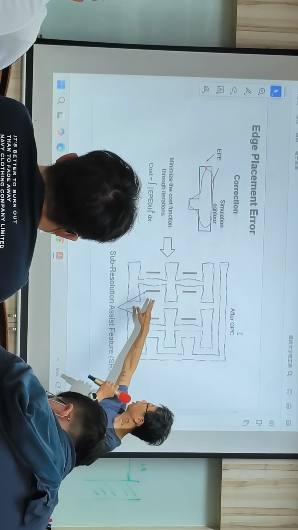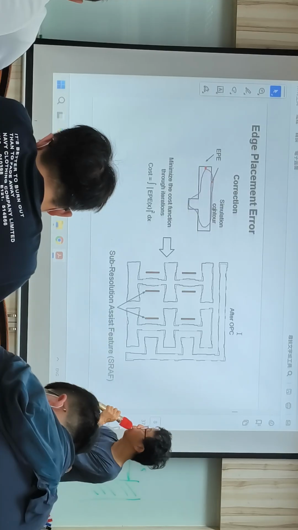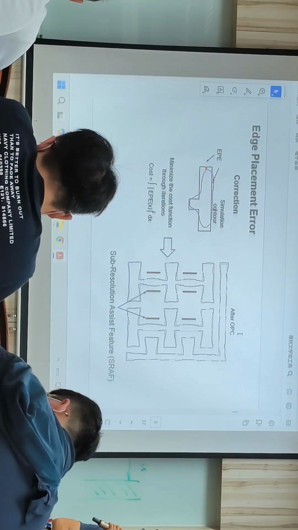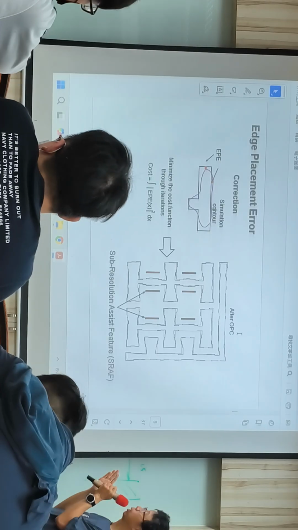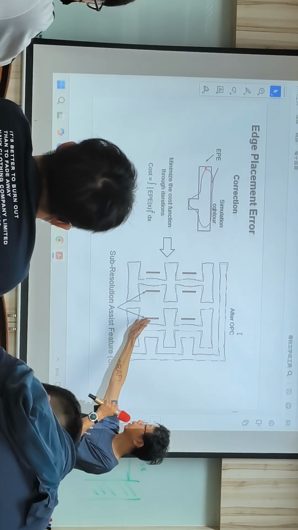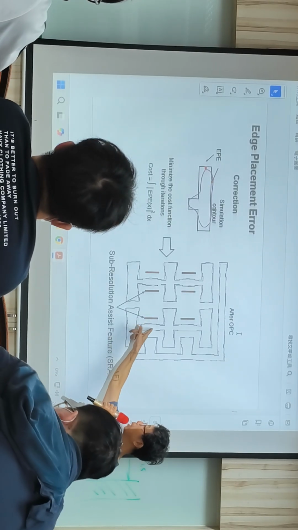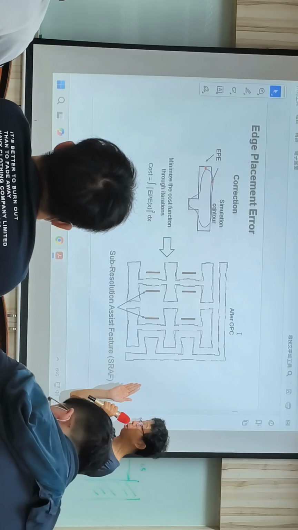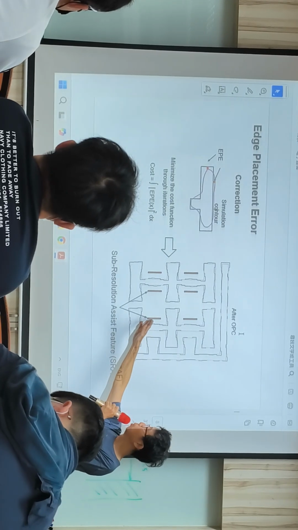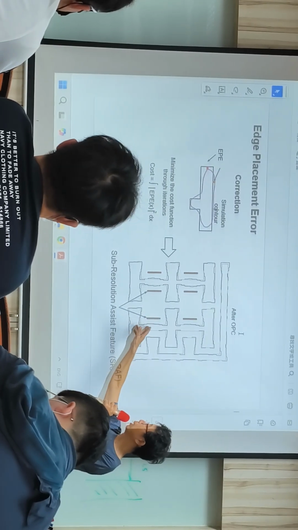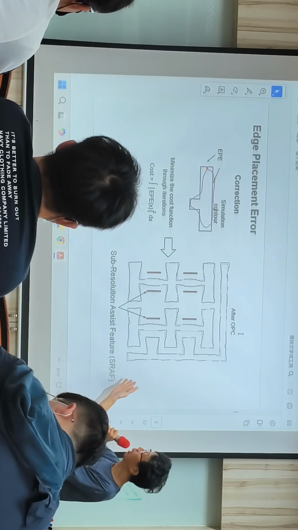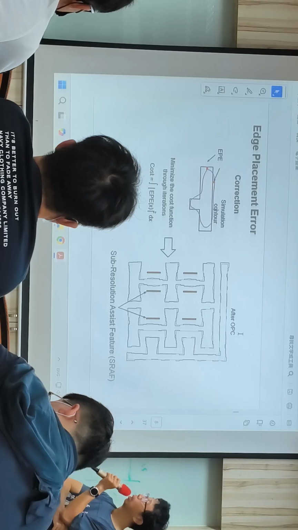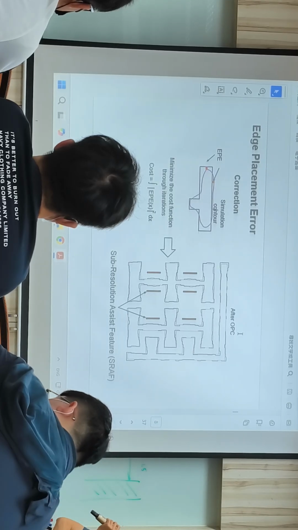Because you can see here, this is isolated, and isolated usually has a small depth of focus. Small depth of focus means that at out of focus, the CD will become very small. So they will add this, to try to make this isolated or semi-isolated area's CD become wider.